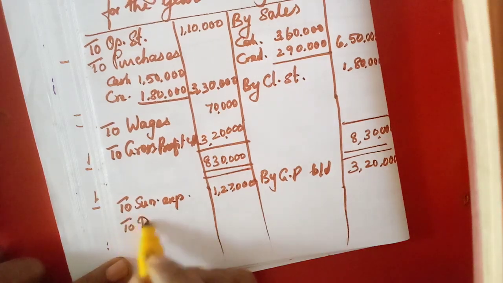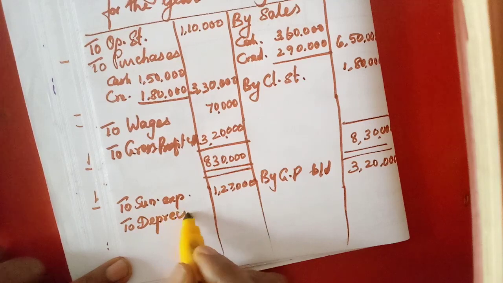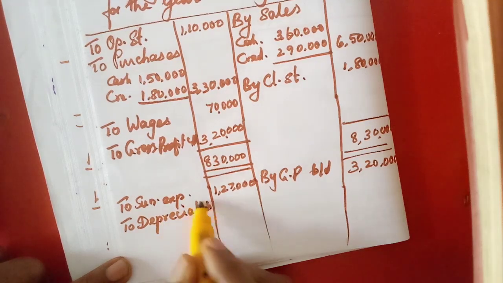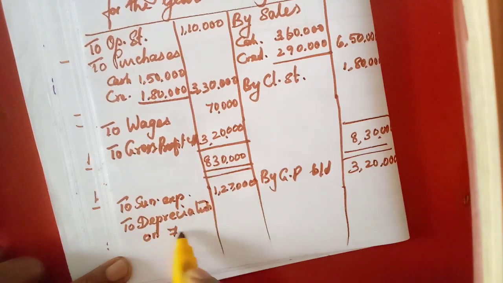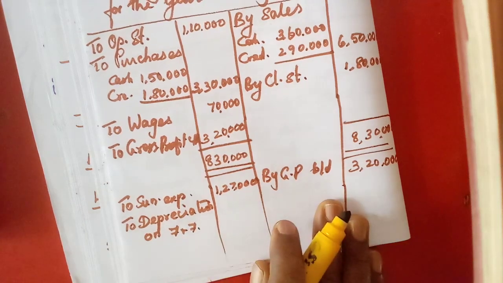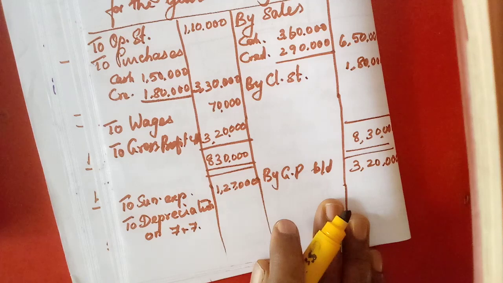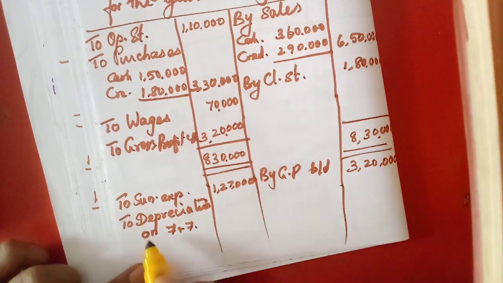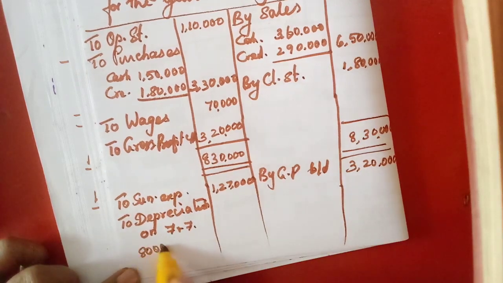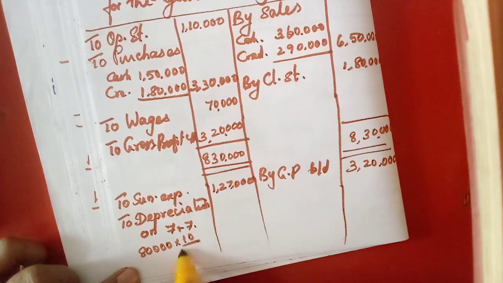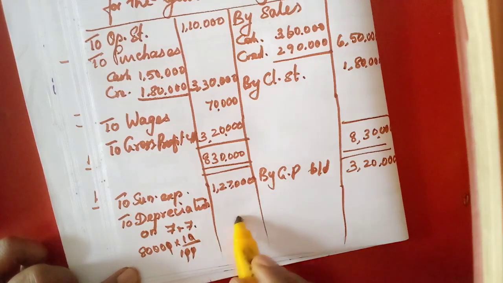So we should write depreciation on furniture and fittings at 10%. In the other information, furniture and fittings, the closing one is 80,000. So if we calculate 10% of 80,000, we will get 8,000.